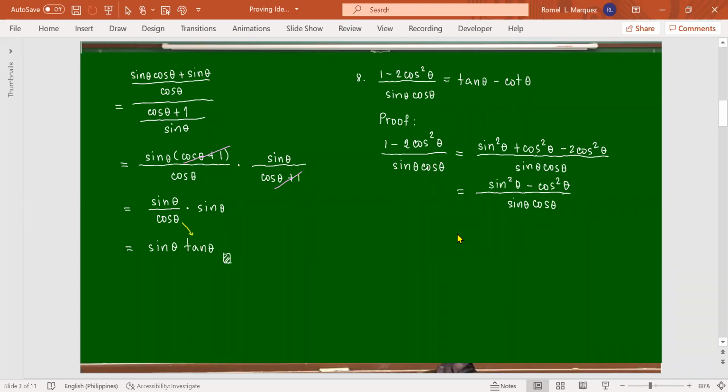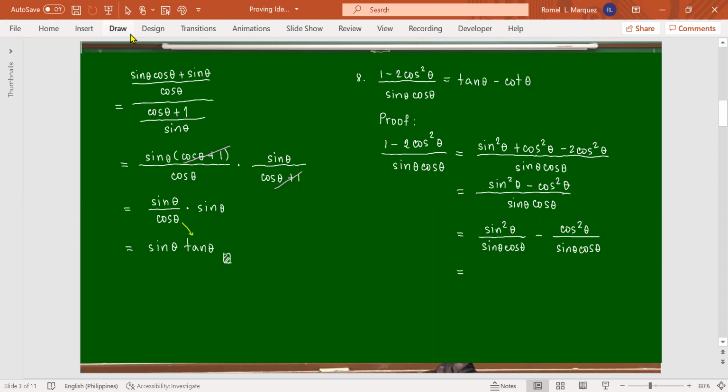And then let's split this into two fractions because we want this to be two terms, no? So that is sine theta quantity squared, then minus cosine theta quantity squared. But as I said, we need to split this, no? So for the first one, we have over sine theta cosine theta here. And then minus cosine squared theta over sine theta cosine theta. Okay?